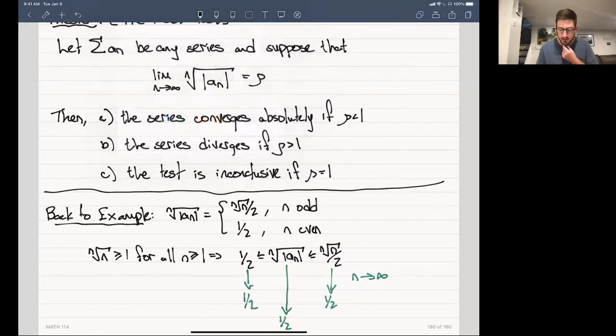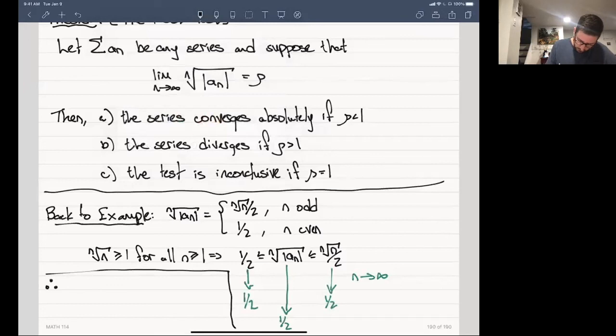Well, the limit as n goes to infinity of the nth root of the absolute value of a sub n is equal to 1/2. So I'm going to squeeze it in down here just so that I don't have to start a new page. But therefore, rho is equal to 1/2, which is less than 1, which implies the series converges, by the root test.